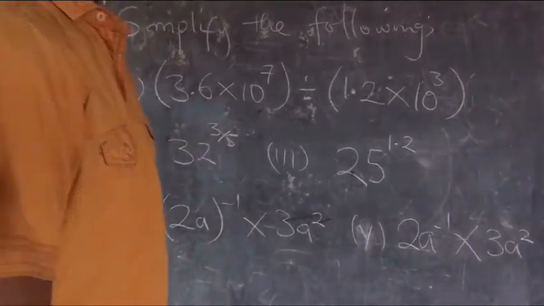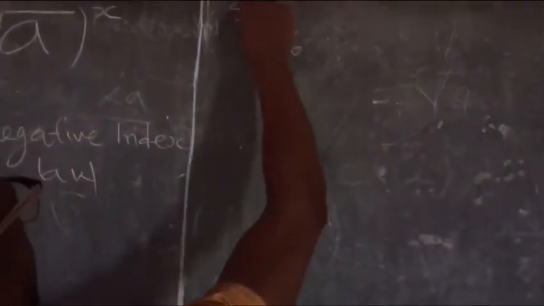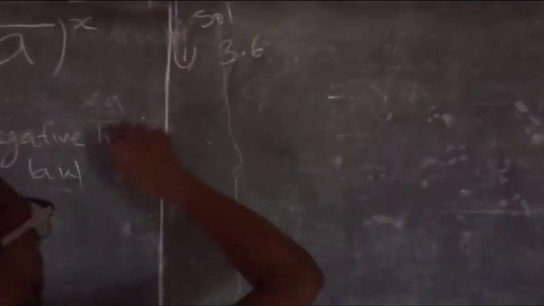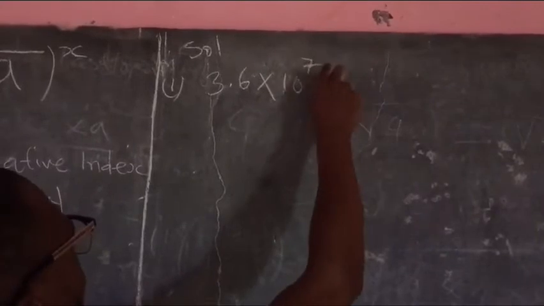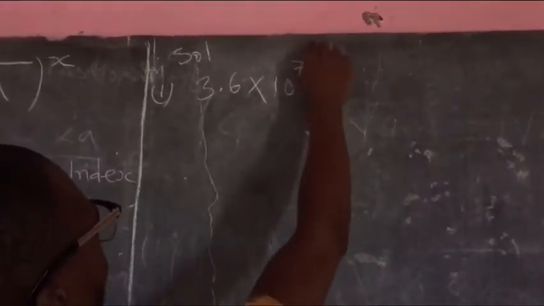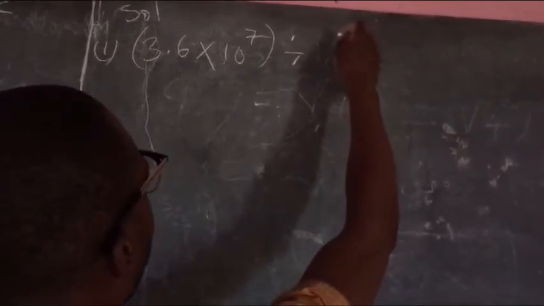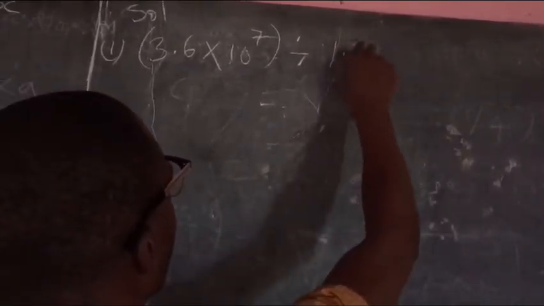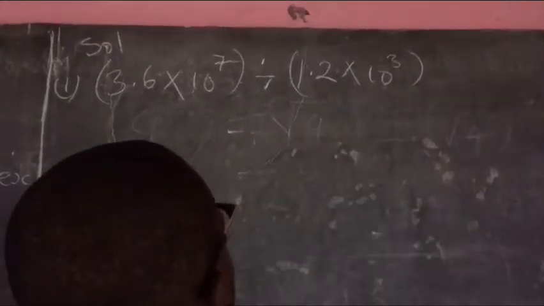So what will happen now? The solution to number 1: 3.6 times 10 raised to the power 7, divided by 1.2 times 10 raised to the power 3.